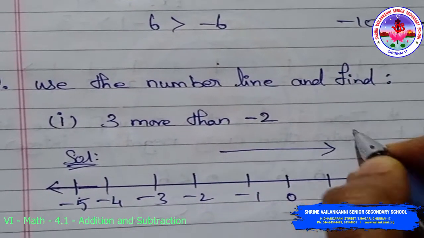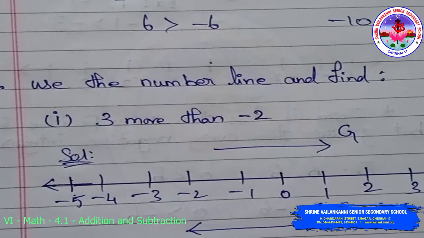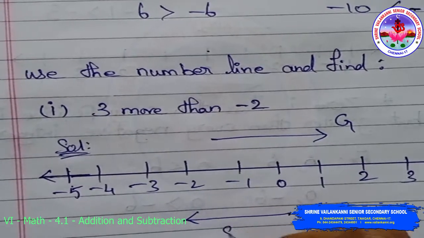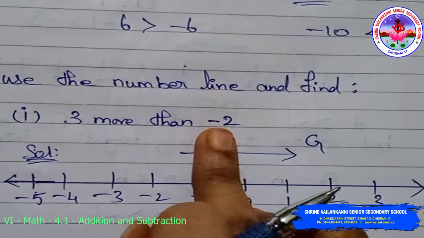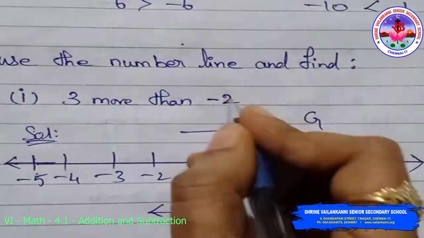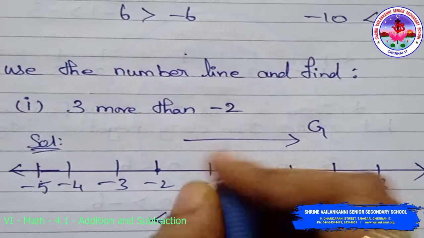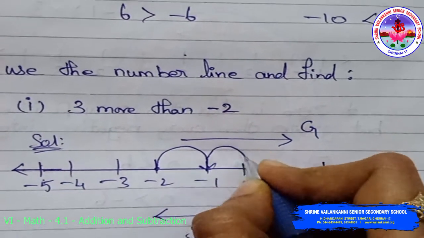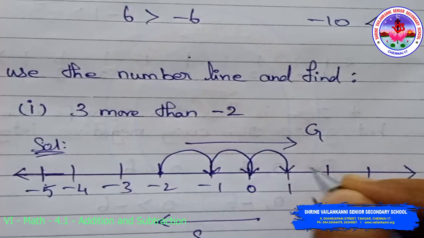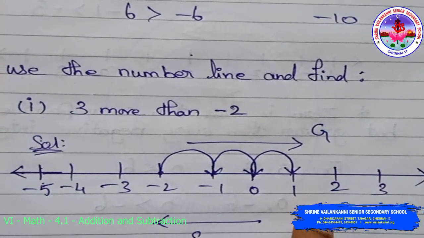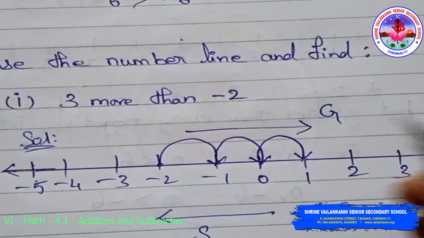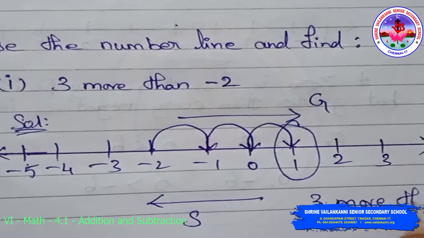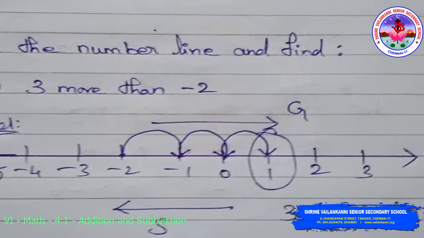Move to the right side, that is greater. Move to the left side, that is smaller. So more than means greater value. Negative 2, move to the right side 3: 1, 2, 3. The value is 1. So 3 more than negative 2 is 1.